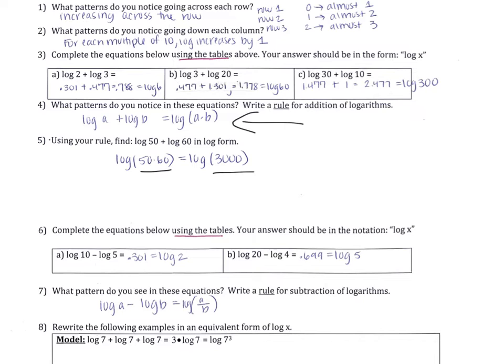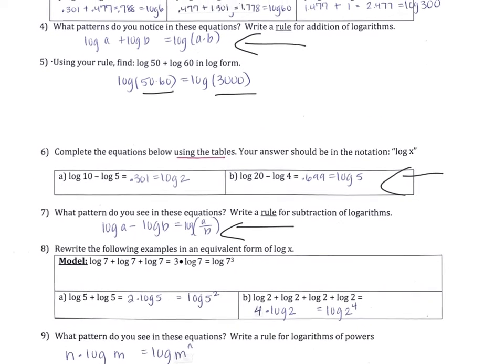That answer was equivalent to log of 2. Okay, so using this rule, 10 divided by 5 is 2. So that's how we get log 10 minus log 5 equals log 10 divided by 5. And then same thing for B, 20 divided by 4 is 5.